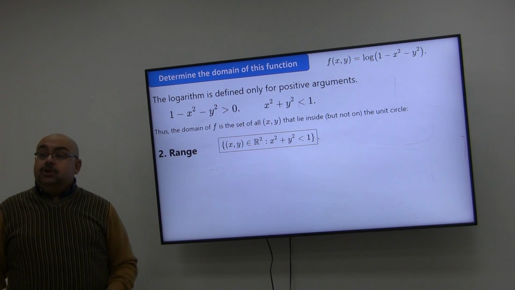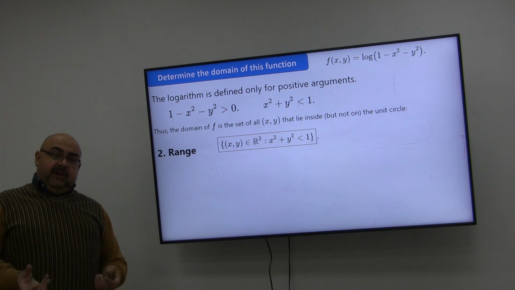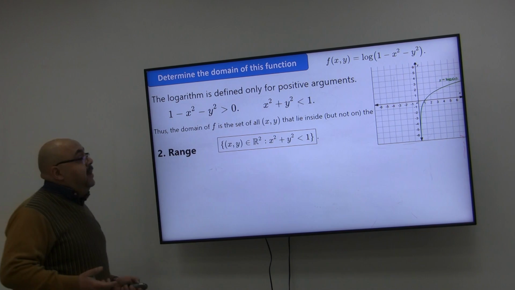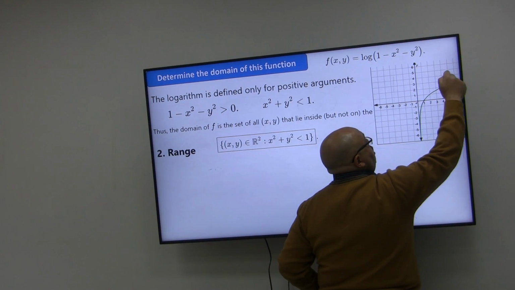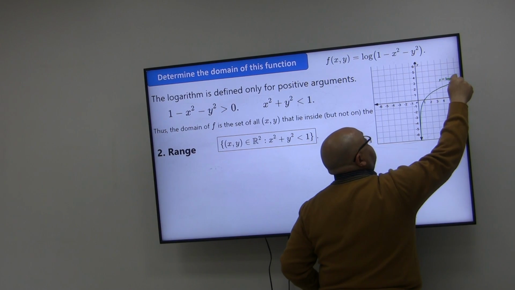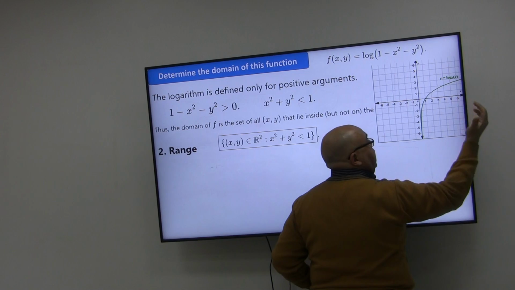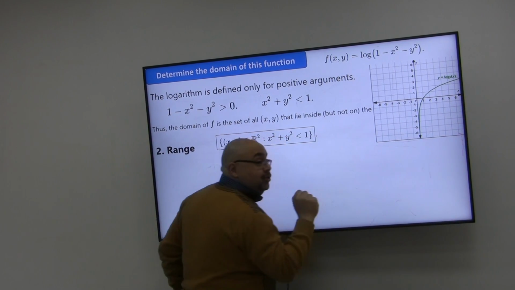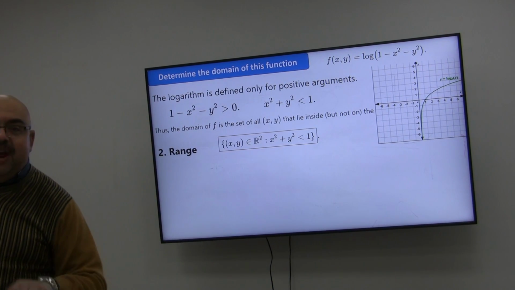How to get the range? How to speculate the range? Those are the input values. So the range will be shaped like this. This is going to be y equal log of x. The x here stands for the points of the circle. So actually, this is the circle, and that's the outer part of your range.